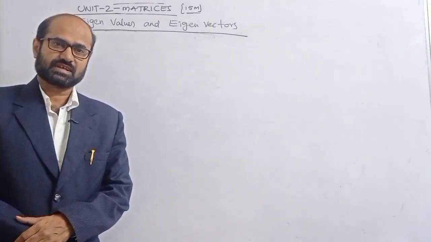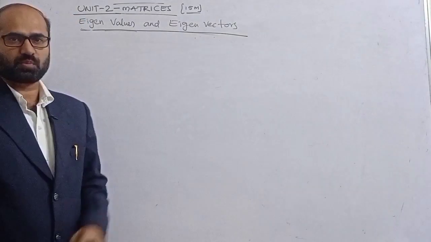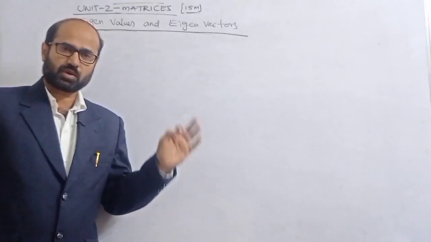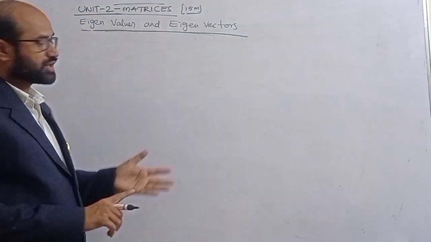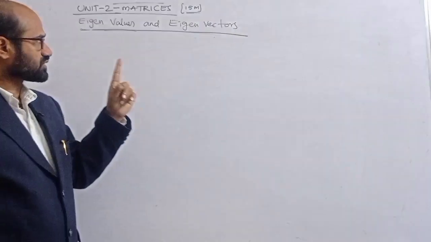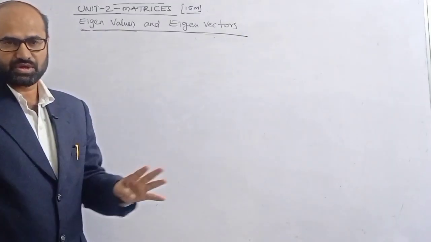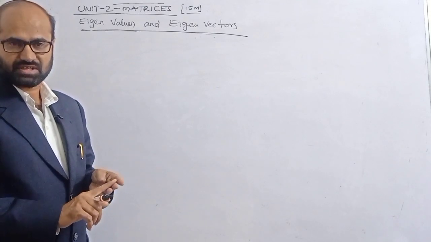So today this is my fourth lecture in Unit 2. My topic is BTech Mathematics Unit 2 Matrices, in this eigenvalues and eigenvectors. In Unit 2 I completed 3 lectures.